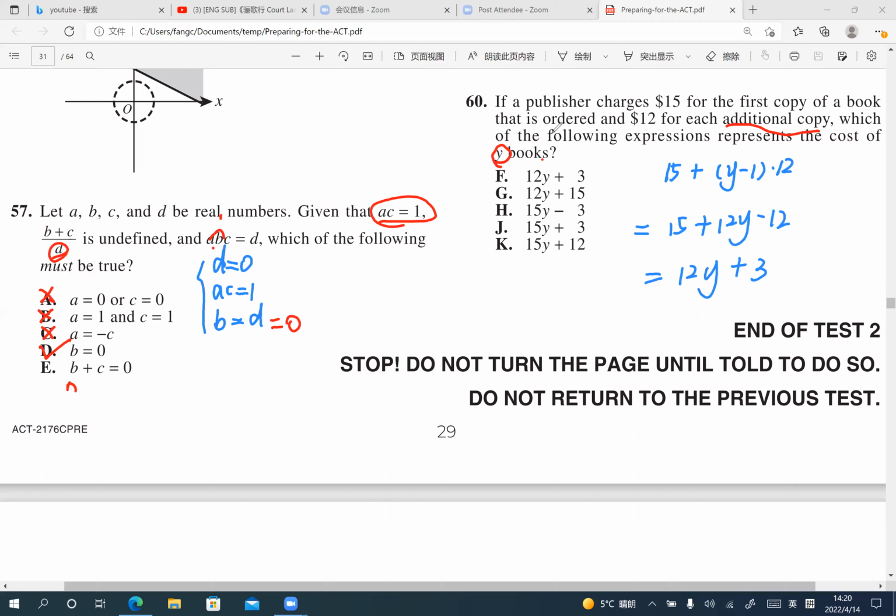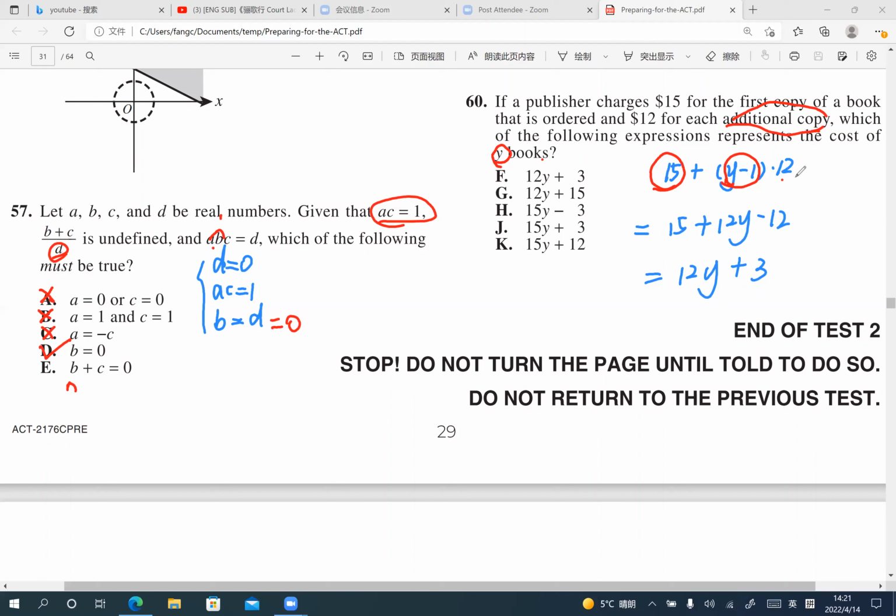So the first copy of the book is $15. And the number of additional copies should be equal to y minus 1. And each additional copy is $12. So we have 15 plus, in parentheses, y minus 1 times 12 to represent the cost of y books.